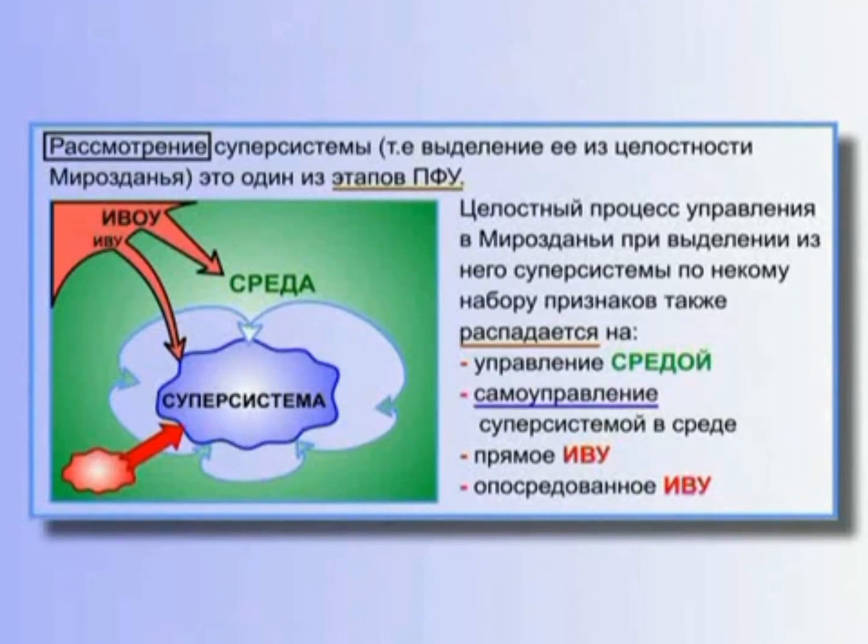It is a holistic management process in the universe, where the supersystem is distinguished by a certain set of parameters, and it also disintegrates. And one can consider management separately from the environment: self-management of the supersystem within the supersystem and in the environment, direct, hierarchically higher management, and mediated management.